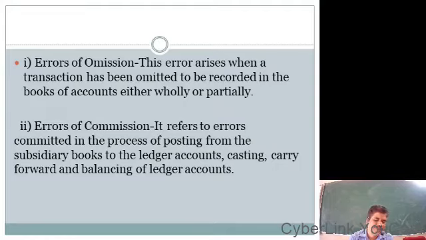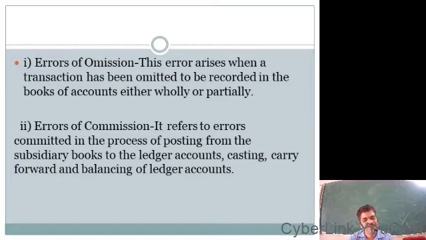Now we'll see the next one, what is error of commission. It refers to errors committed in the process of posting from the subsidiary books to the ledger accounts, casting, carry forward, and balancing of ledger accounts.